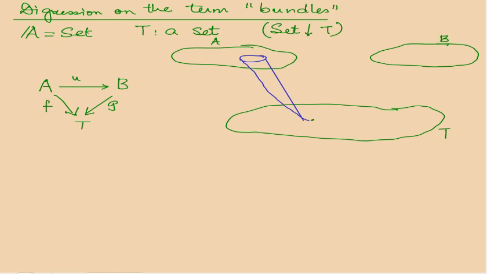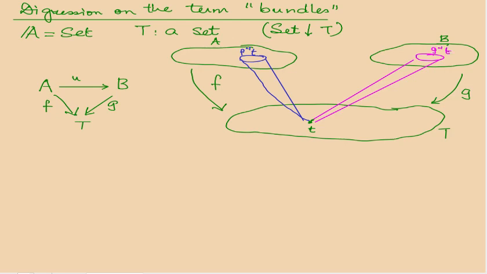And similarly another bundle over here. All right. So given this object T, I have this bundle. So this is coming from F. This is coming from G. So this is this bundle F inverse T. And this is this bundle G inverse of T.